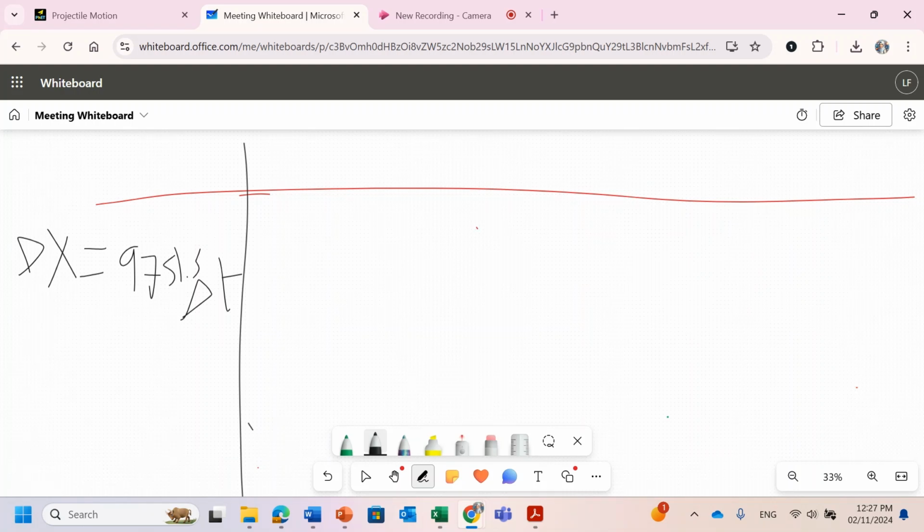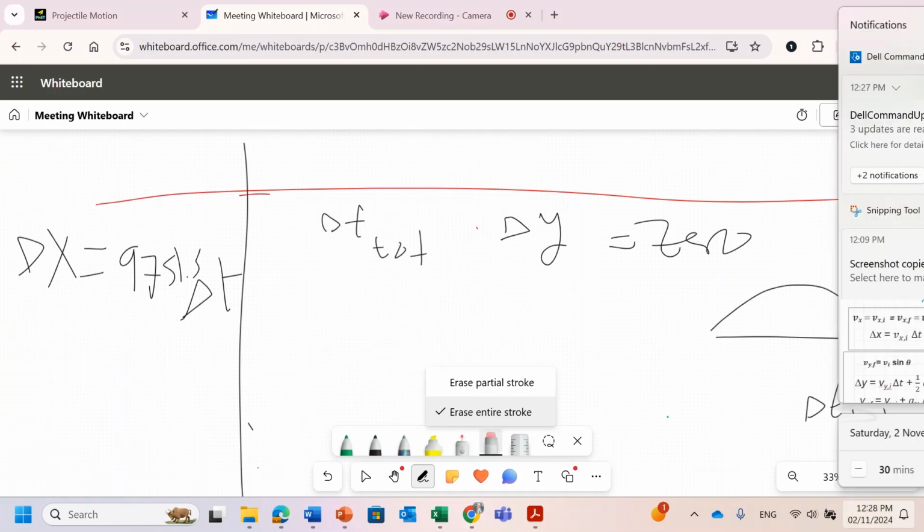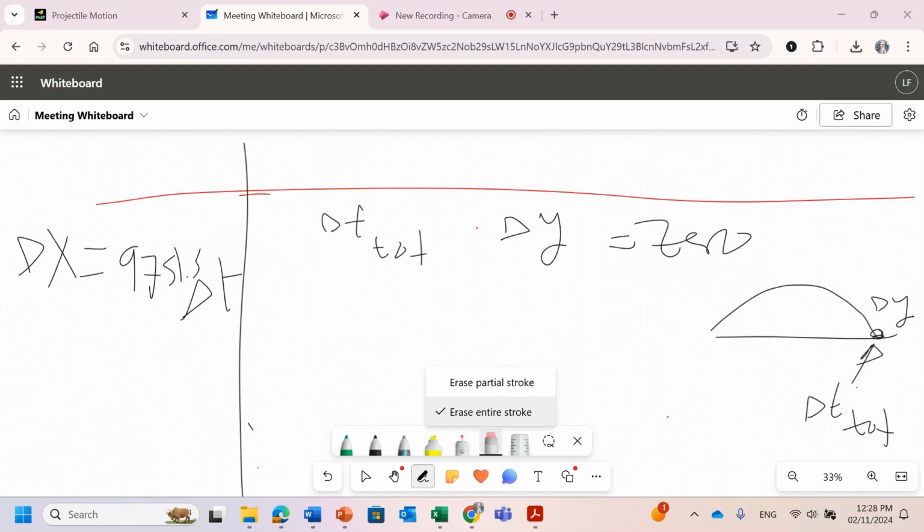Total time, delta T total, is when it lands, and delta Y, the height, is 0. I don't have the height, so the height here is 0. I'm going to use this information to calculate the time using the second equation.